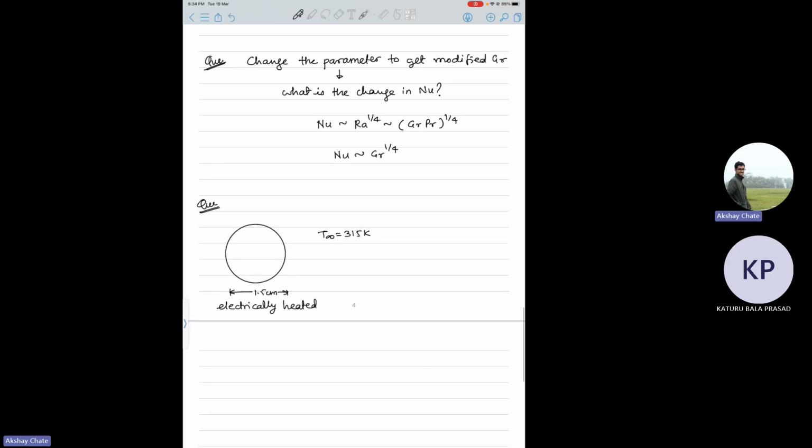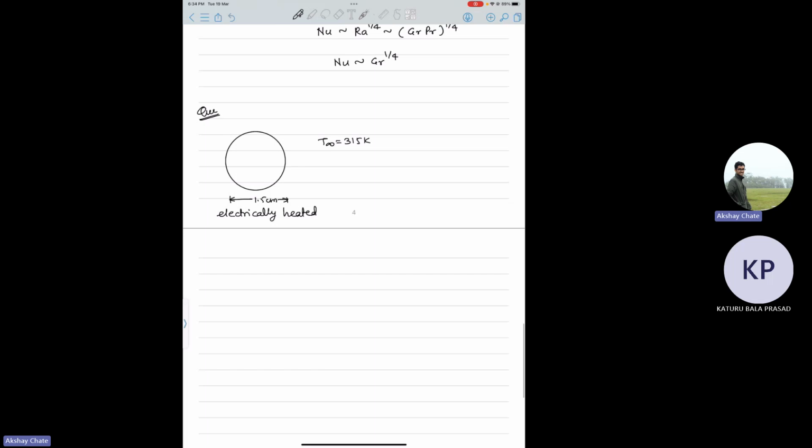Now it is mentioned that in order to maintain the cylinder surface temperature. Oh, it's not a cylinder actually. It's a sphere. My bad.